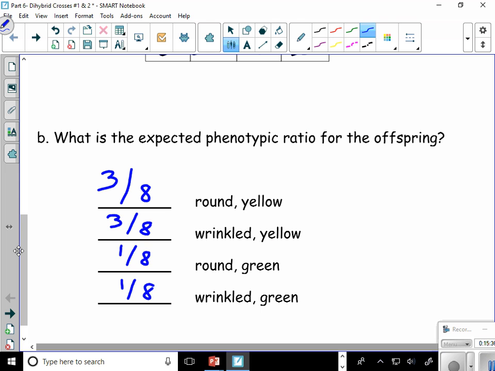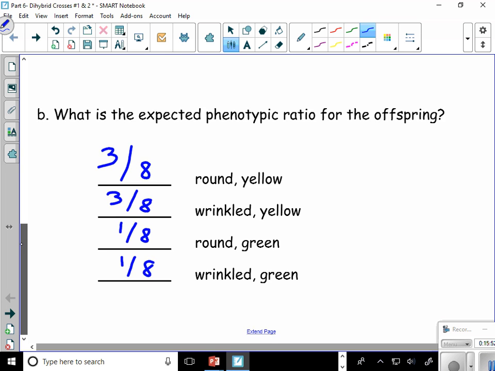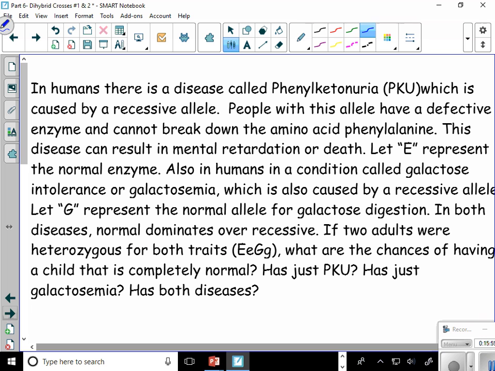These numbers, 3, 3, 1, 1 should add up to 8, right? 8 out of 8. Okay? Now, my next one. Okay? This big, long guy here.